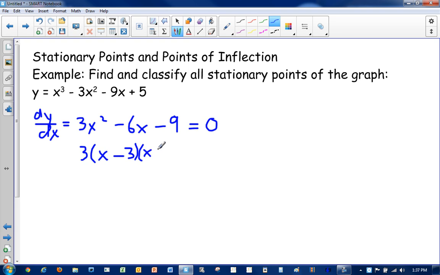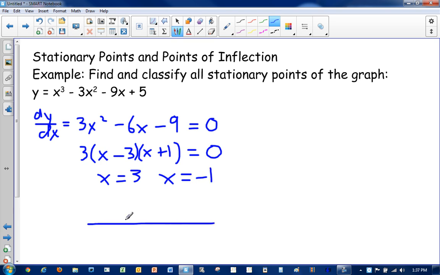I left out all of the intermediate algebra steps there, so hopefully you get to this place when you factor it. And that means that there is a stationary point at x equals 3 and at x equals negative 1. All right, so now would be a good time to draw my sign diagram. Negative 1 was one of the x's where there's a stationary point, and 3 is the other.